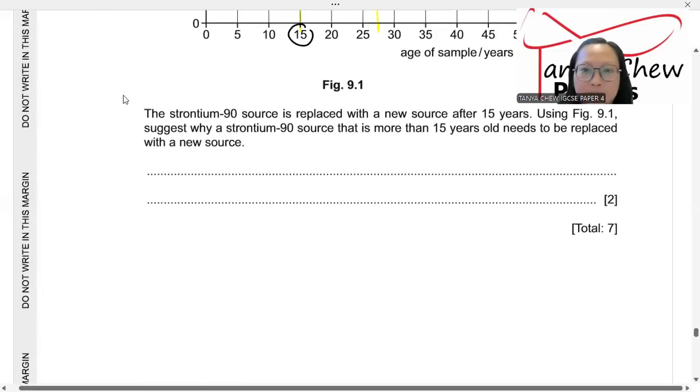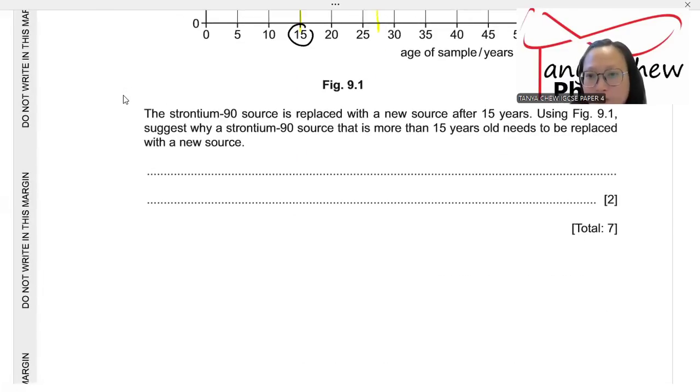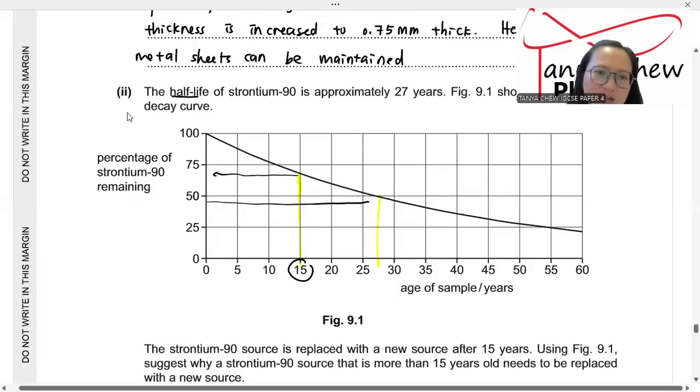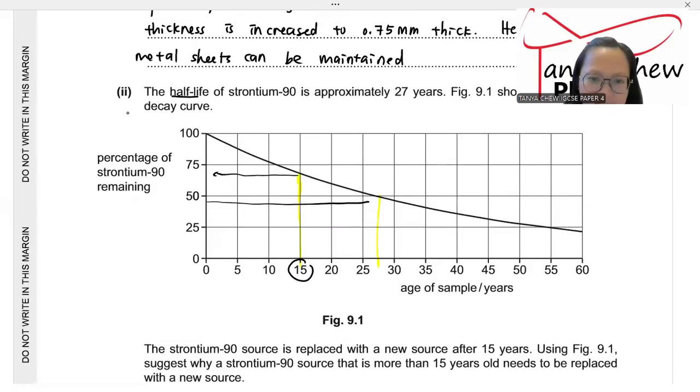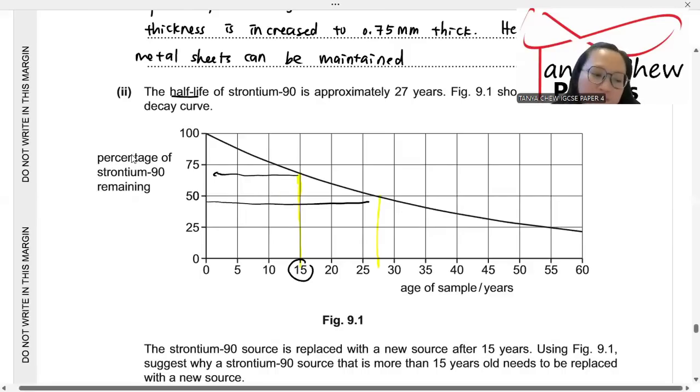Now, using Fig 9.1, suggest why a strontium-90 source that is more than 15 years old needs to be replaced with a new source. Could you see that initially it is 100%, but when it is more than 15 years, it drops a lot, right? It drops to 50%, the percentage of strontium-90 remaining is 50%.